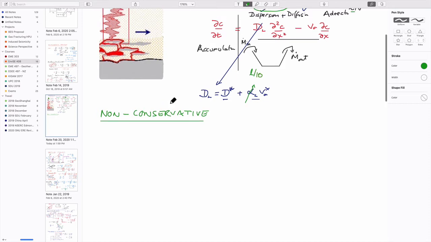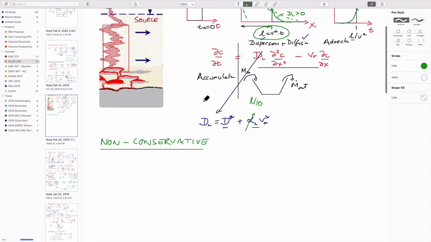And so that's the mechanism by which it gets removed. And so what we could do is we could take this equation and we can add a few extra terms. And I will write these terms as this.